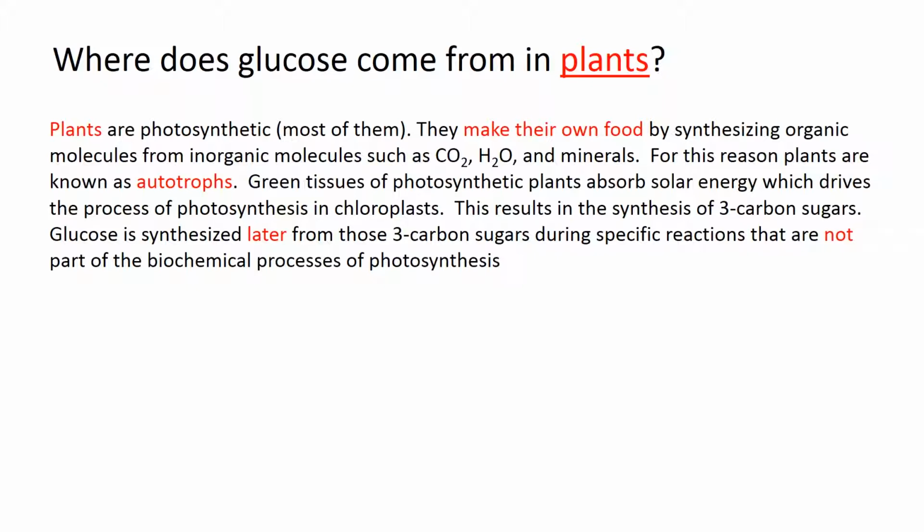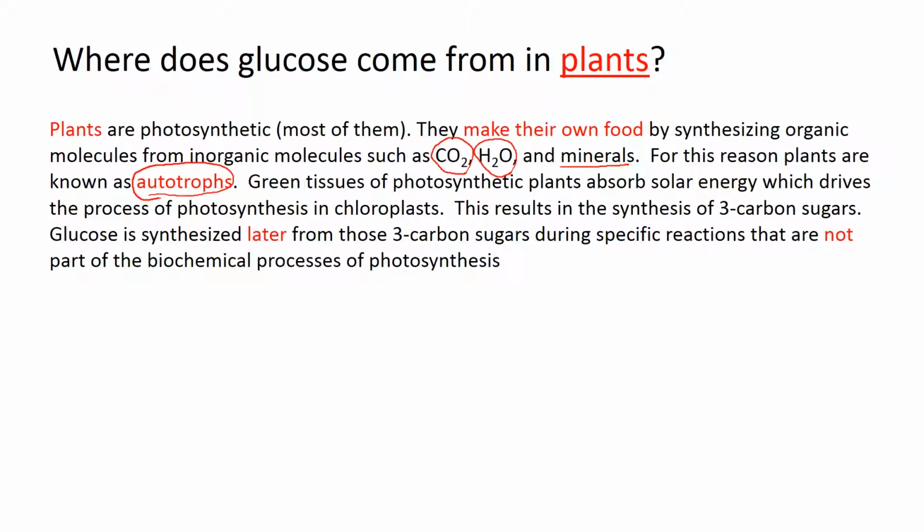Plants make their own food by synthesizing organic molecules from inorganic molecules such as CO2 and H2O, and also from minerals. For this reason, plants are known as autotrophs. In other words, autotrophs means that plants feed themselves.